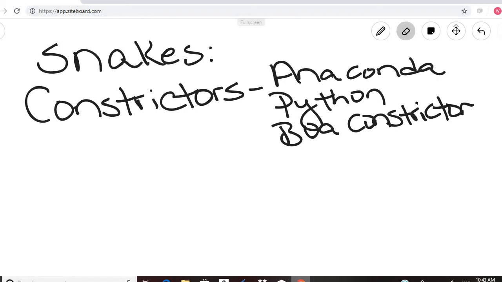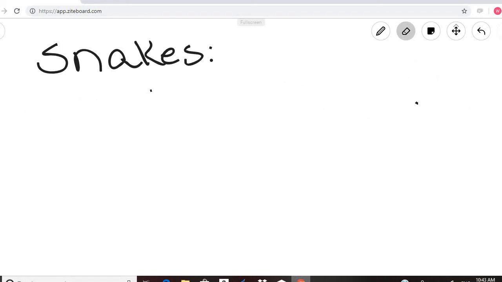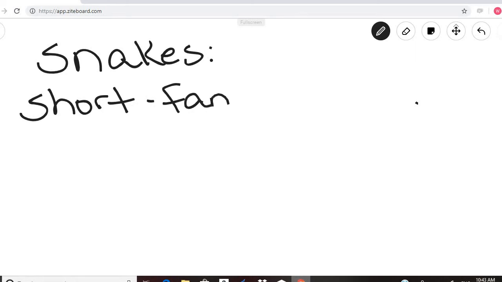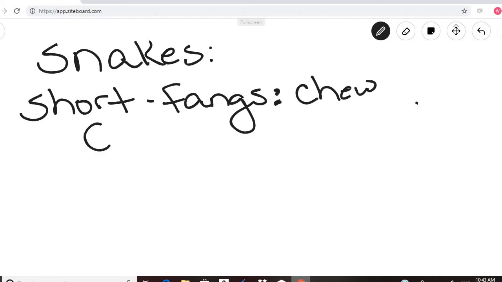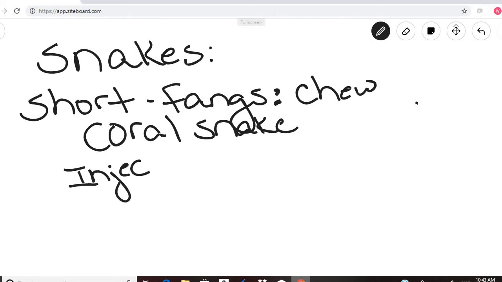But then other snakes bite, and generally the biting snakes either have short fangs or long fangs. If they have short fangs, then they actually chew. An example of a short-fanged snake would be a coral snake. And when they do that, they inject a neurotoxin.